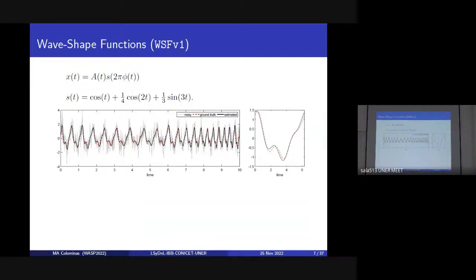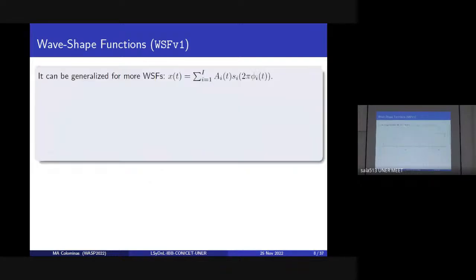So far, I hope to be clear enough about this. Of course, it can be generalized to more wave-shape functions, meaning that in the same recording we have more than one, as in the case of the impedance pneumography example, where we had the respiratory component and also the cardiogenic component.